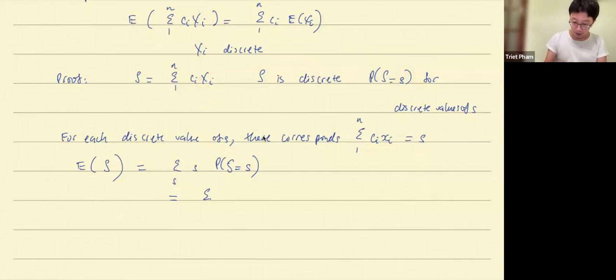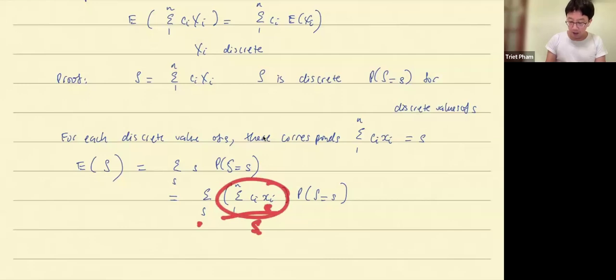So this S right here is the sum over all possible values, but the inside is the sum over particular values of Xi that would make up the S value. So each of these represents a single value of the sum, but there are the Xi that would make up this sum.